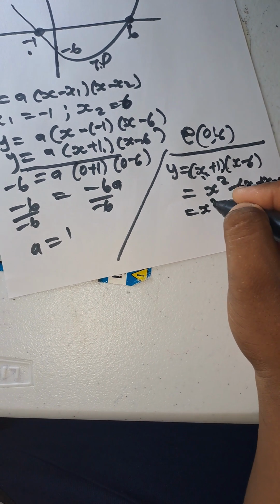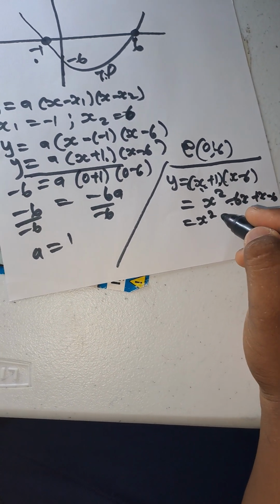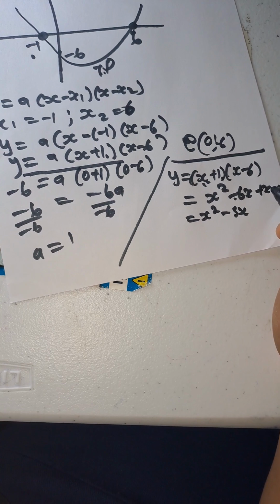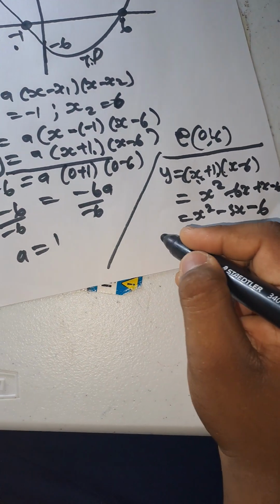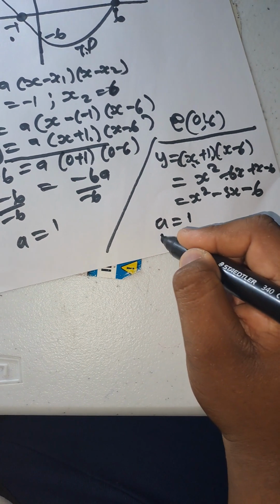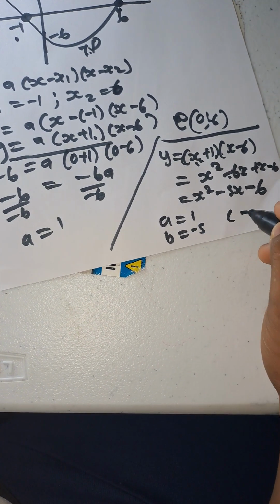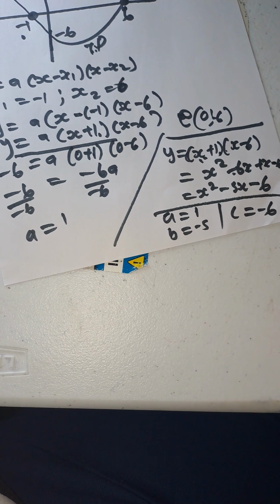And then x², −6x plus x is what? −5x, and then minus 6. Yeah, but it's the same. So my a is equal to 1, b is equal to −5, c is equal to −6. You are done.